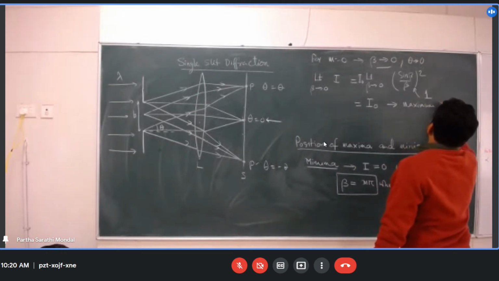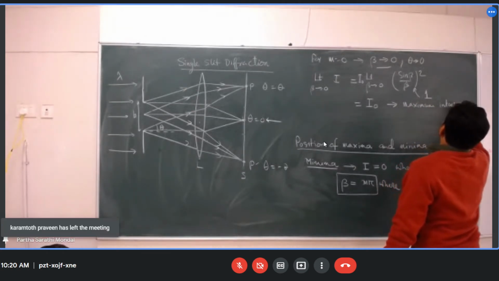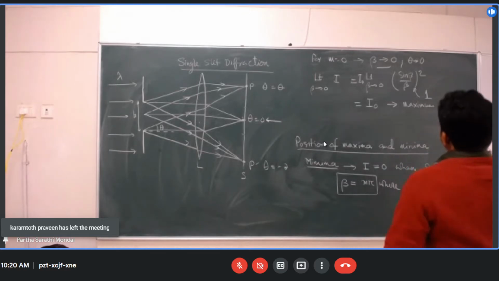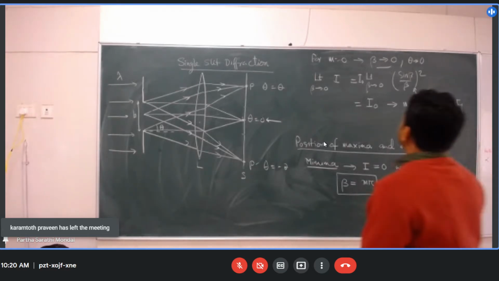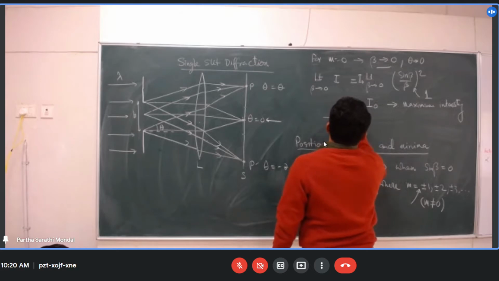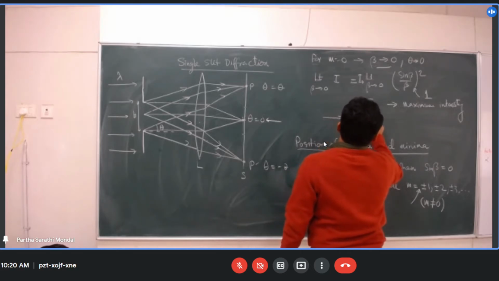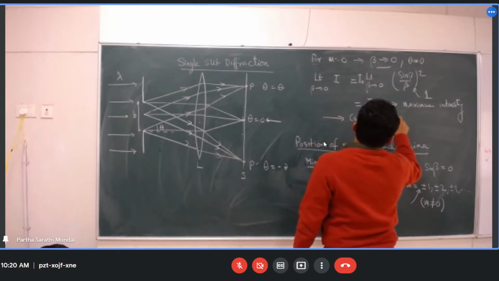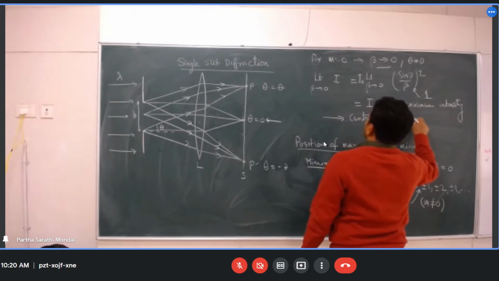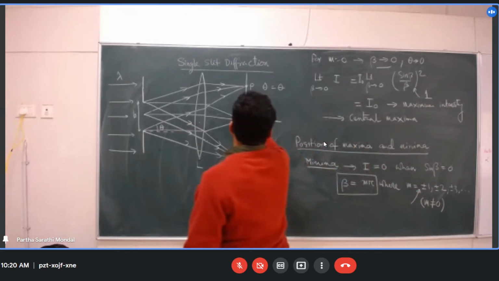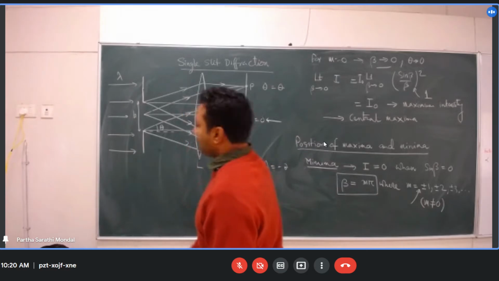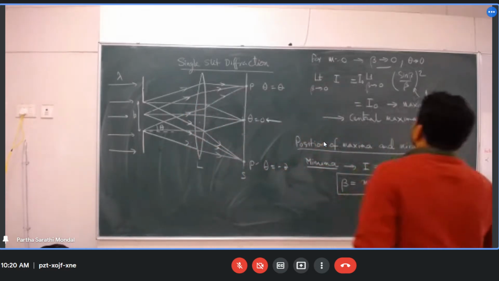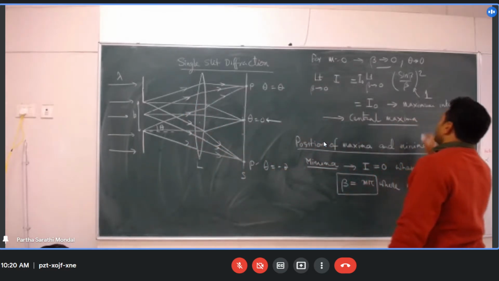Maximum intensity I0. Okay, this we call the central maxima. So that means at this point you will get high intensity, around theta equal to 0. So it has a particular width.